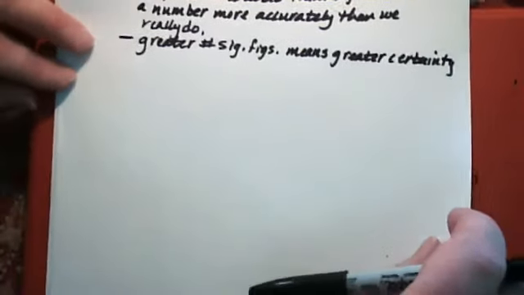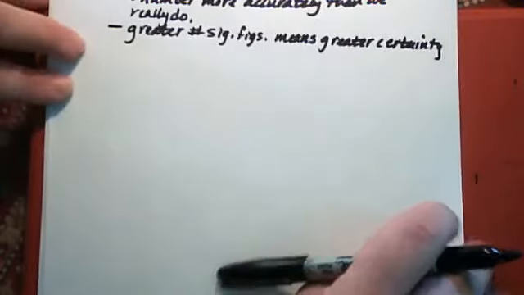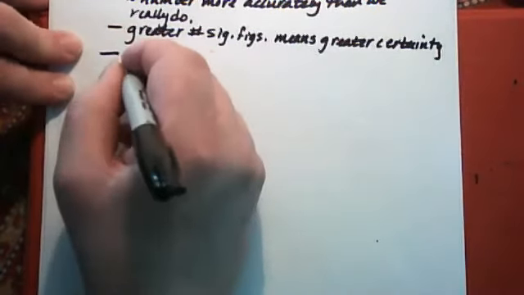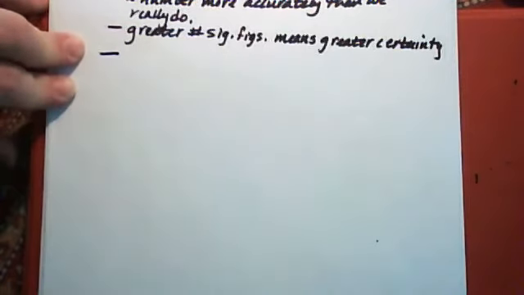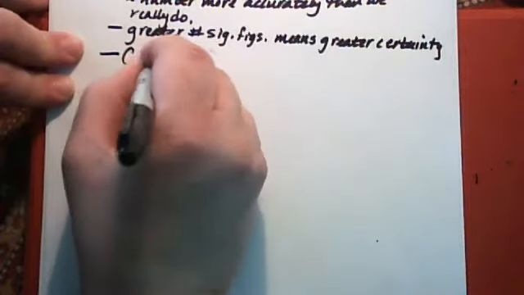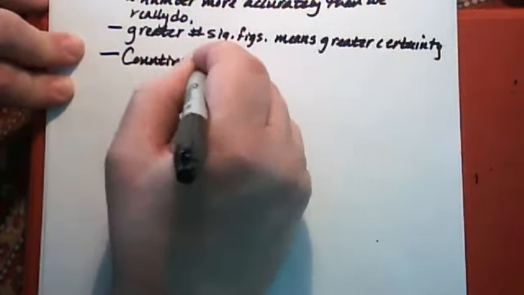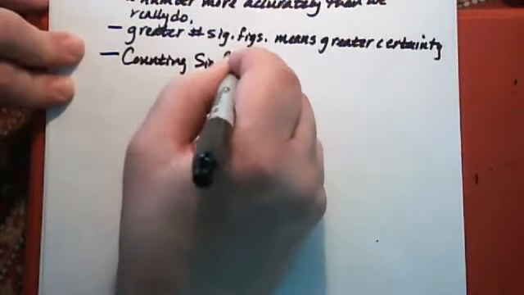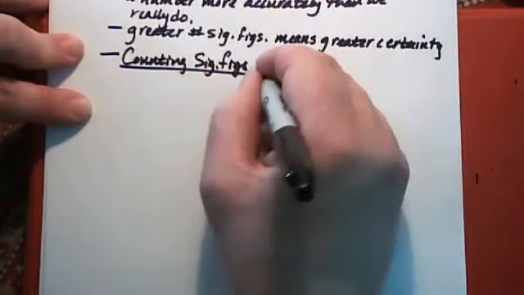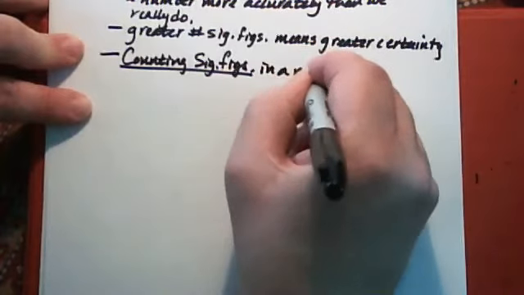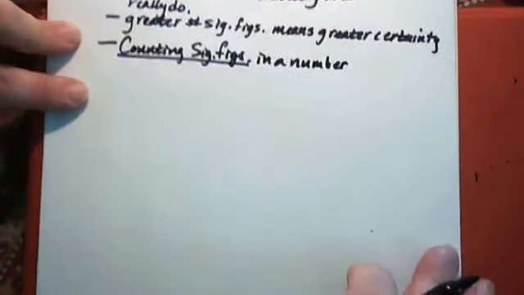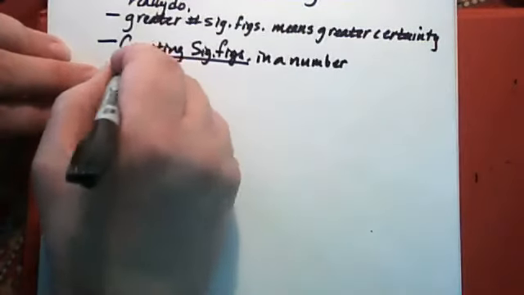Now, before we can do anything with significant figures, we have to know how to recognize significant figures and how to determine how many there are in a given measurement. So under counting significant figures, first you need a number whose significant figures you want to count.